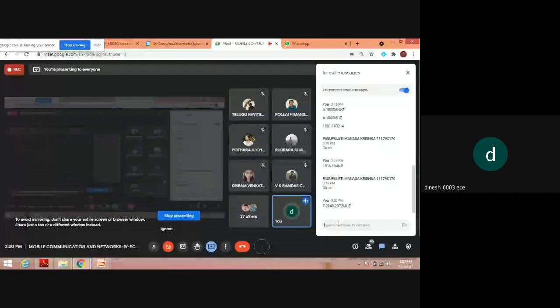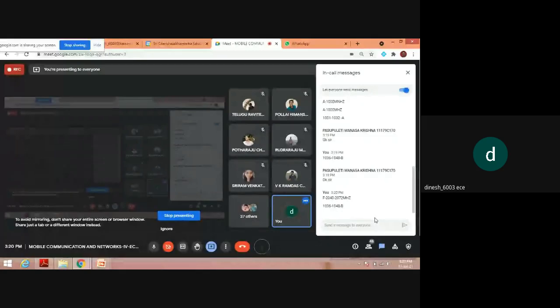It's not exactly the same. For example, I take. So B is what? B is 1036 to 1048.